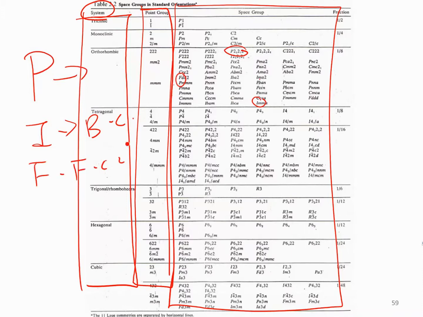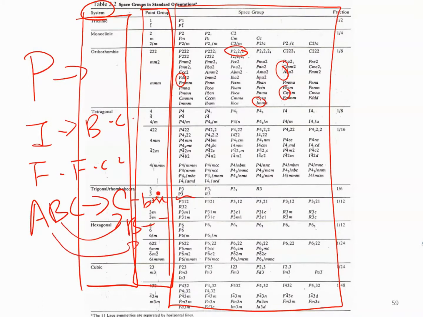And then we also have A, B, C. So A, B, C represent base centered. If it is C, it is C base centered, if B it is B base centered, A is A base centered. Okay, I will explain later on in symmetry.